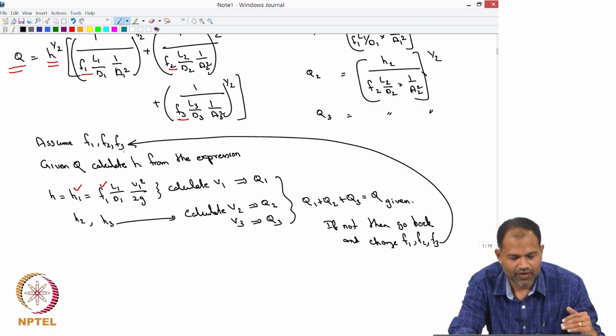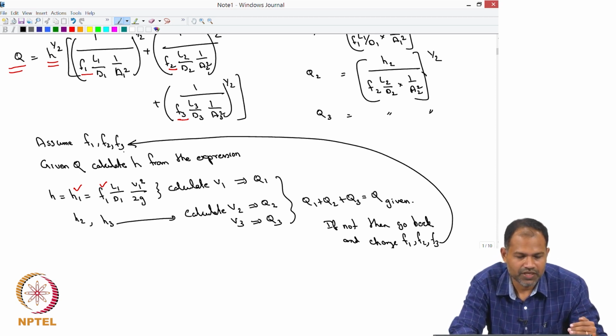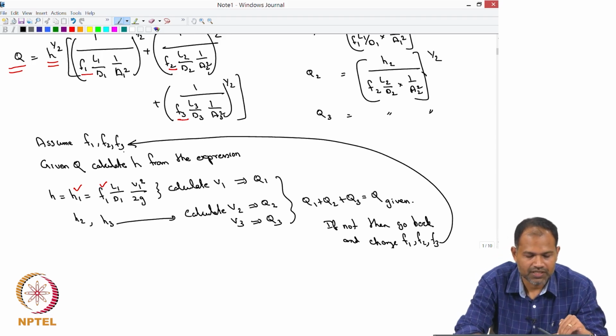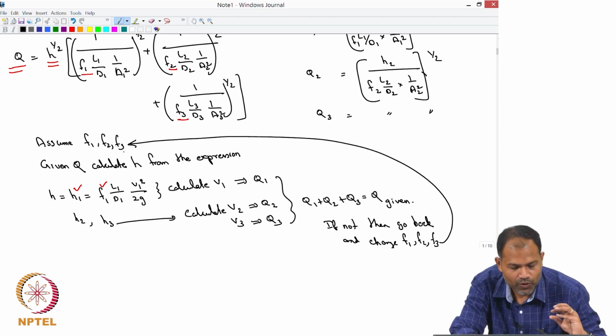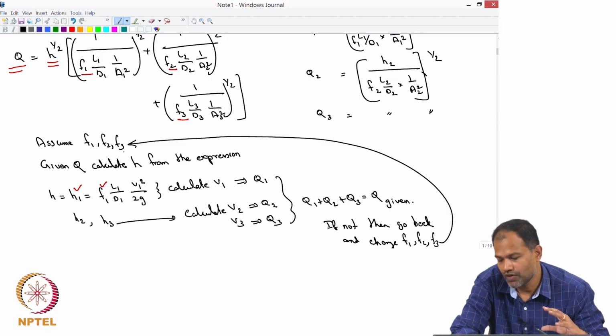So, let me tell that again. We start by assuming F1, F2, F3, then we use the expression connecting Q and H to calculate H, and since we know H, you can use the individual expressions like H1 equal to F1 L1 by D1 V1 square by 2G to calculate V1, which means you can calculate Q1, Q2, Q3, and then you can check the constraint whether Q1 plus Q2 plus Q3 is the given total flow rate, and this procedure can be repeated.